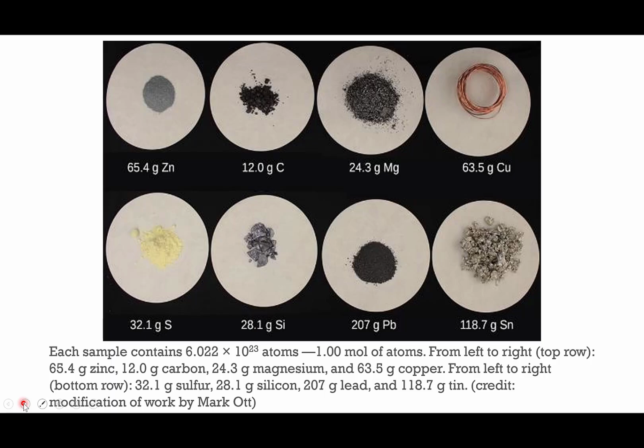But if we think about how many atoms are in each of these samples, there are 6.022 times 10 to the 23rd atoms in every single one of these pictures. So we're talking about little tiny samples of material in the chemistry lab. Huge number if we were talking about the number of individual atoms.